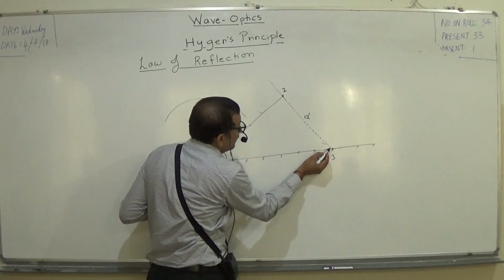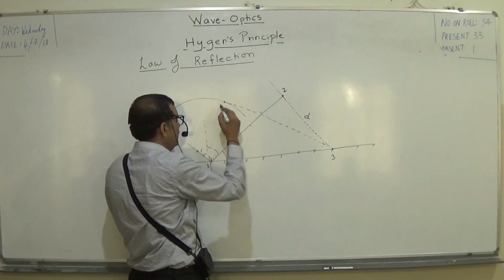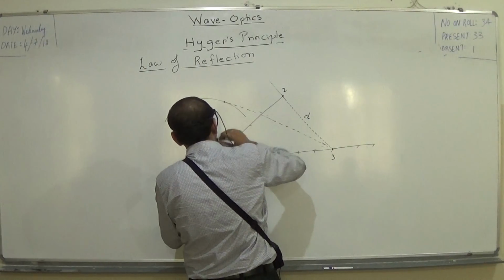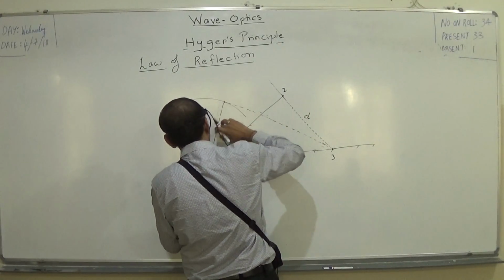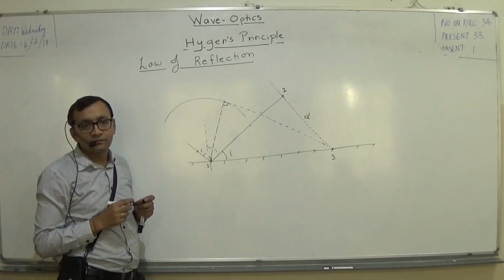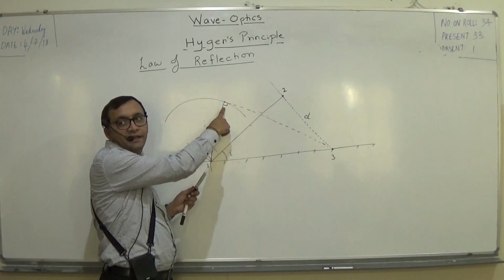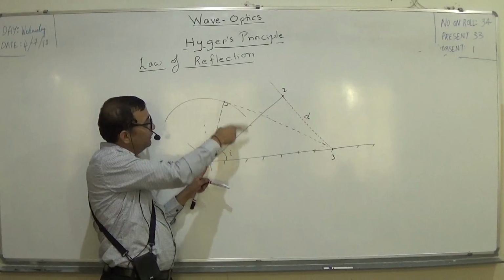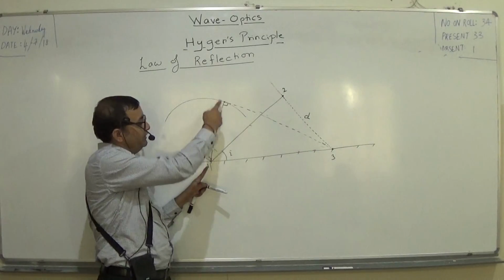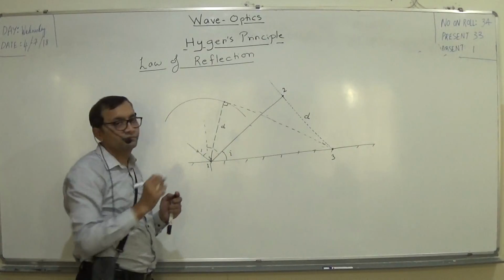But if you draw a tangent from here and connect this, then I can ensure that this is 90 degrees. So this is how you ensure that it becomes 90 degrees. You take an arc of d, draw a tangent and connect this. So this is now distance d.